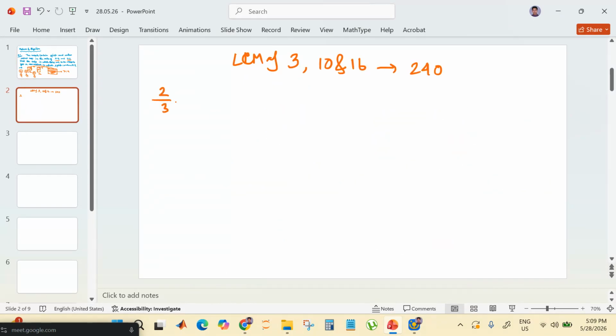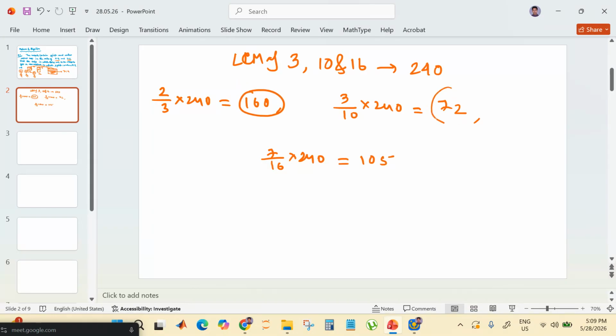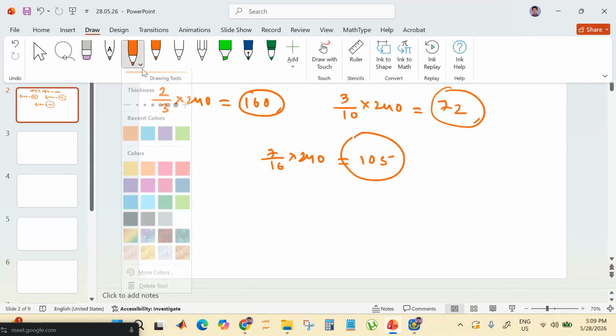So 2 by 3 into 240 is 160. The second one, 3 by 10 into 240, is 72. And the last one, 7 by 16 into 240, is 105. I am taking these three numbers only.